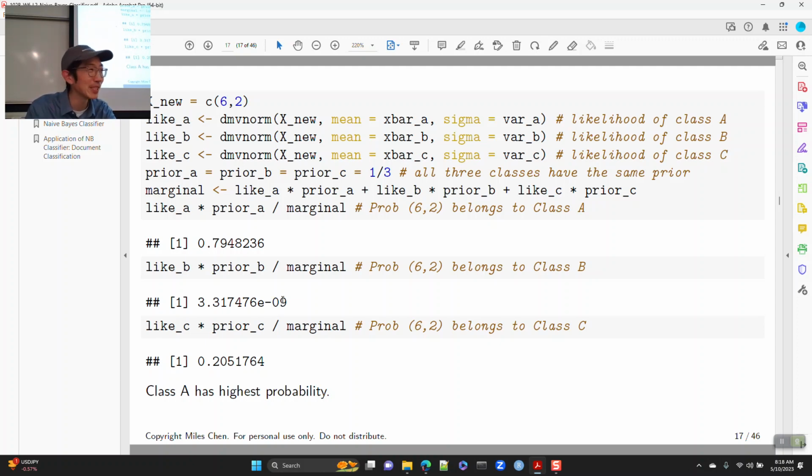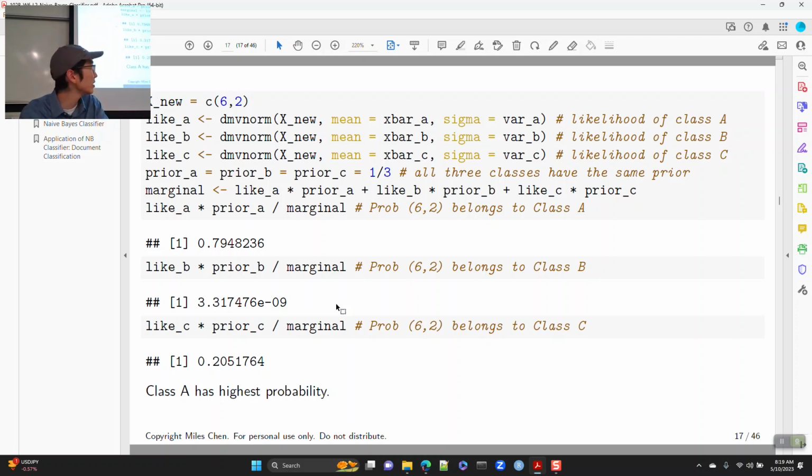So a really, really improbable value. And then the probability that it belongs to class C is around 20%. Okay, so around 80%, 20%, and almost 0 for probability of class B.